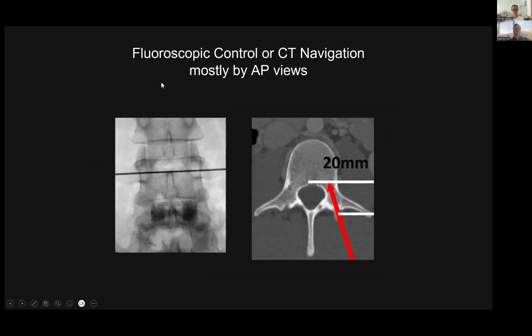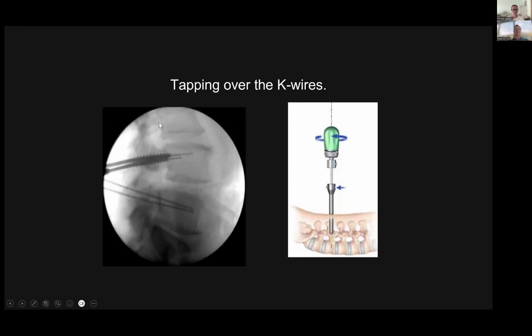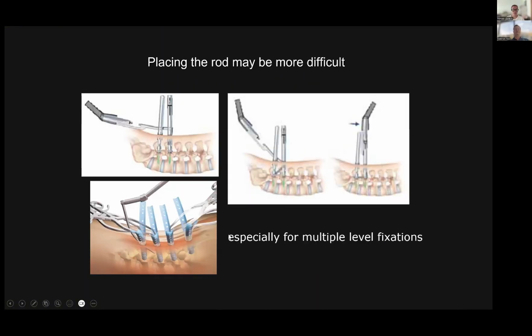To make it possible, you need good fluoroscopy or CT navigation, mostly with AP views, and tapping over the K-wires, and you need cannulated screws. Placing a rod may be more difficult, so so-called rod inserters have been used.